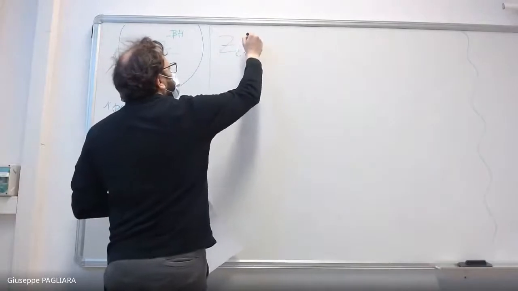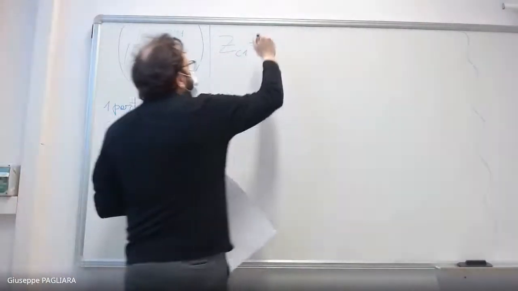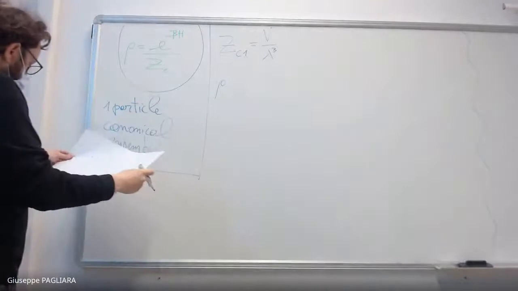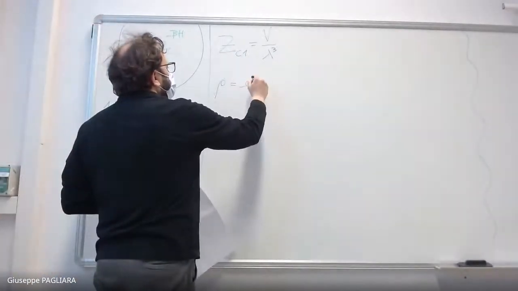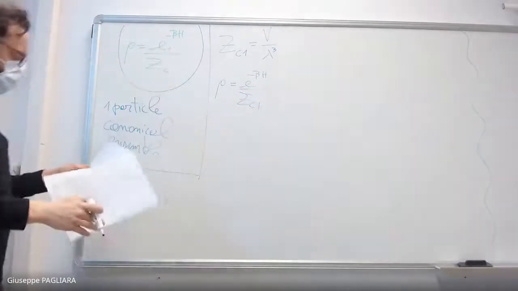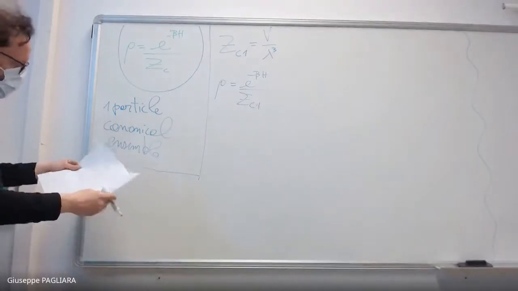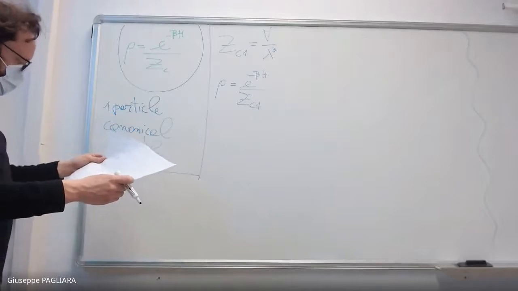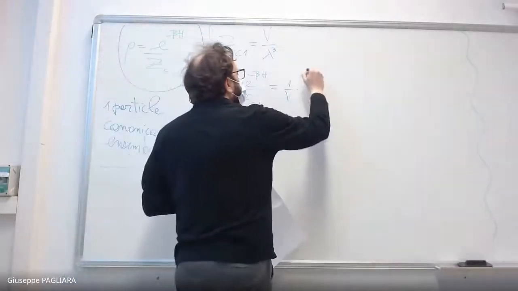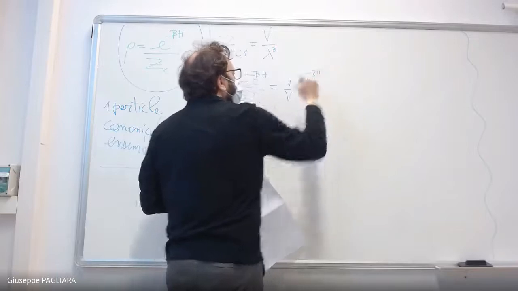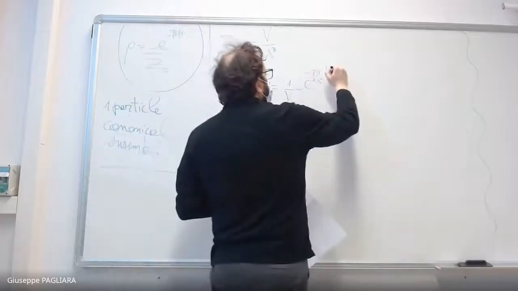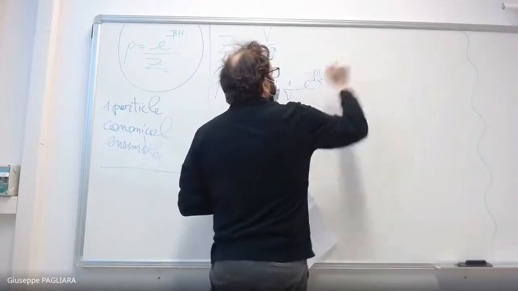the canonical partition function is equal to V divided by lambda cubed, whereas the rho, which is equal to e to the minus beta H for N equal 1, is equal to 1 over V, and then we have the Gaussian e to the minus 2 pi lambda squared, and there is a 2, which is important, x minus x prime squared.